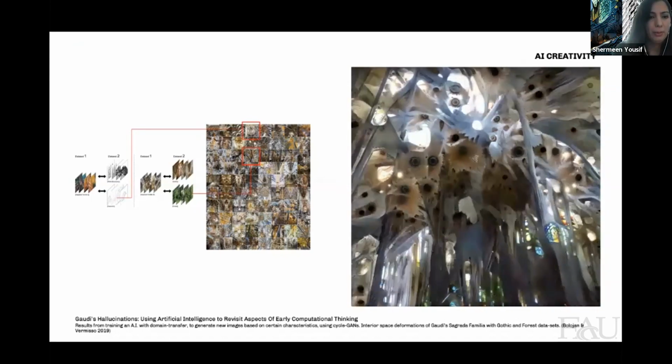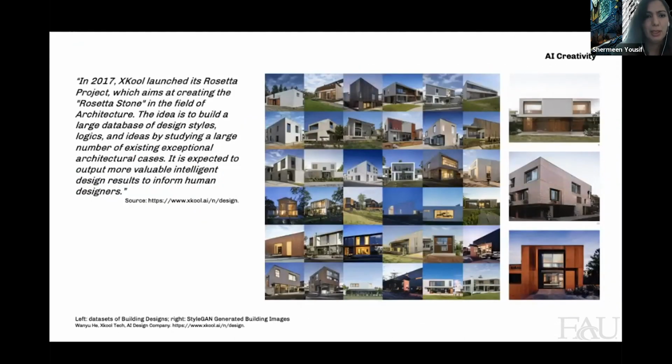Now moving to another example, more pragmatic and industrial, which is a startup company called XKool, led by architect Wenyu Xie. And Wenyu Xie has established this kind of interesting approach.